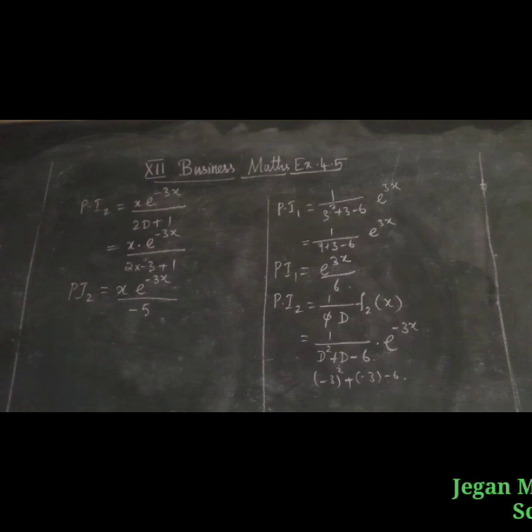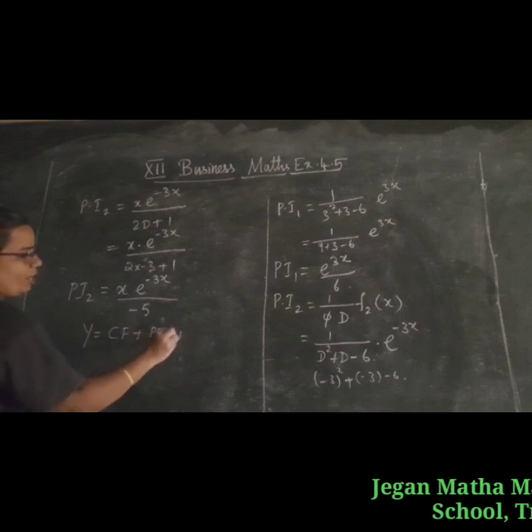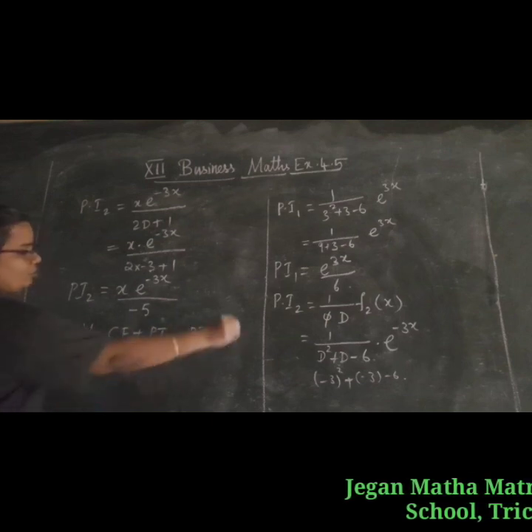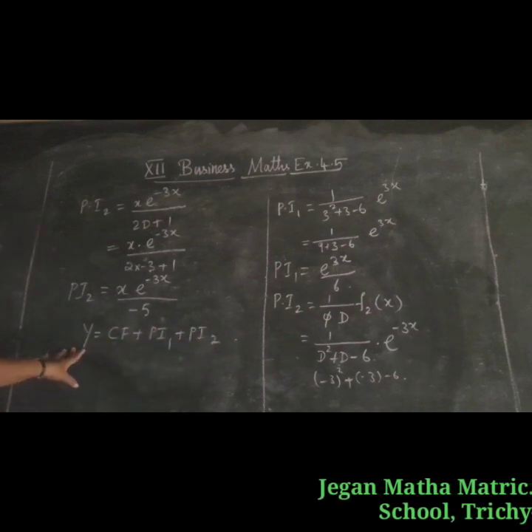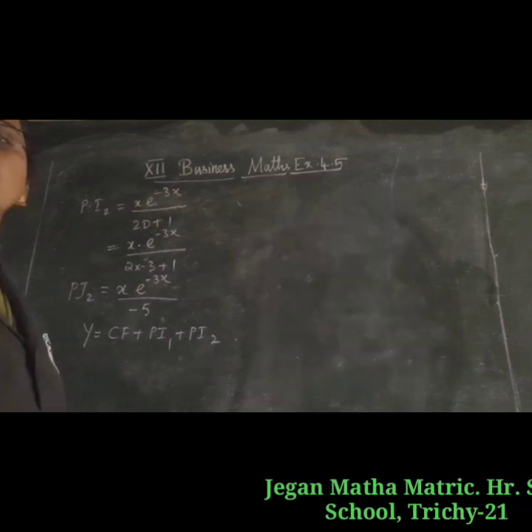So what is the general solution? The general solution is y is equal to CF plus particular integral 1 plus particular integral 2. Now we substitute in this equation.